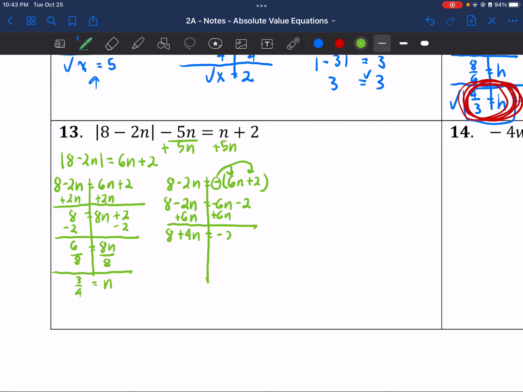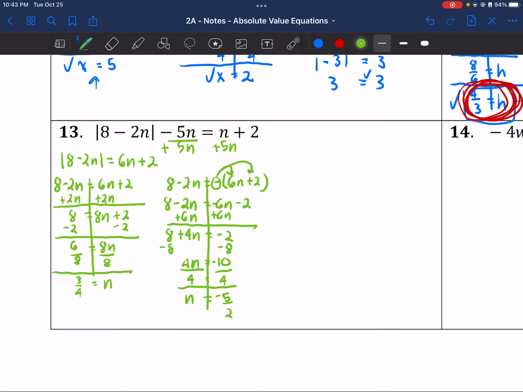And we're going to subtract 8 from both sides, giving me 4n is equal to negative 10. Divide both sides by 4, and we get n is equal to negative 5 over 4. Or not negative 5 over 4, negative 5 over 2, since we simplify the top and the bottom by 2 with a common factor of 2.